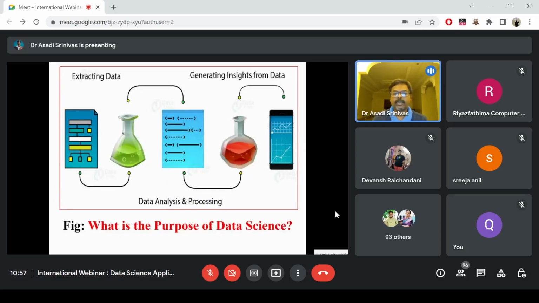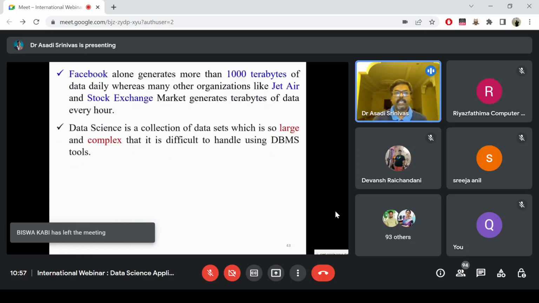So what is the purpose of data science? Extracting meaningful data from a huge volume of data in data centers for analytics and processing. Finally, we are generating insights from data through dashboards, pie charts, etc. Facebook alone generates more than 1,000 terabytes of data daily.